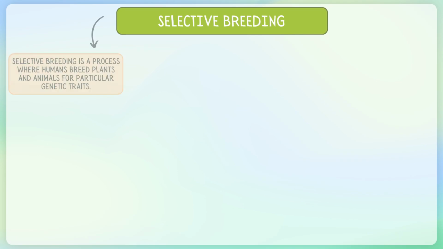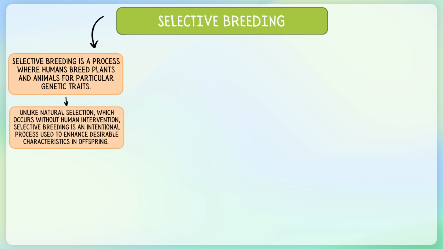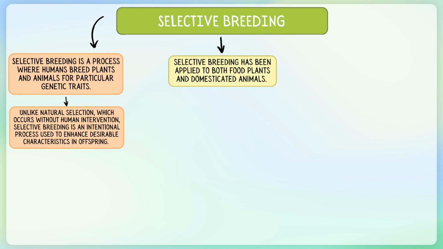In today's lesson, we explored the concept of selective breeding, which is a process where humans breed plants and animals for particular genetic traits. Unlike natural selection, which occurs without human intervention, selective breeding is an intentional process used to enhance desirable characteristics in offspring. We explored how selective breeding has been applied to both food plants and domesticated animals.